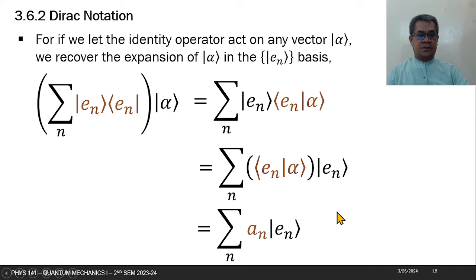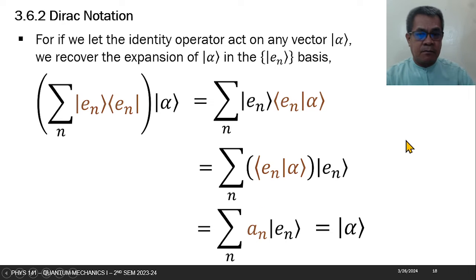So we have this result, and remember, the whole expression is equivalent to alpha, which means that if you let the identity operator act on alpha, nothing changes. But remember, maybe in solving problems, you can utilize some of these ideas.